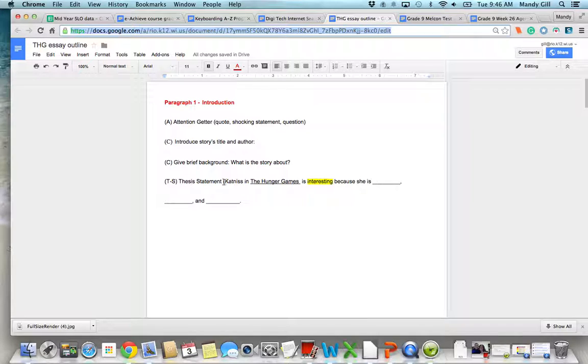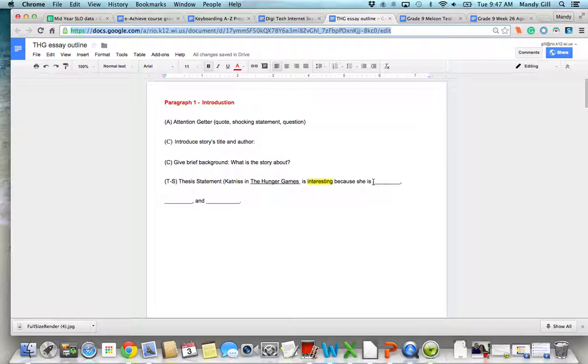So, if you wanted to use Katniss, for example, you could say Katniss in the Hunger Games is interesting, unique, the most powerful character, whatever. I've highlighted this in yellow because you change this to what you want it to say. Katniss in the Hunger Games is interesting because, and here's where you give me 3 adjectives that describe her.